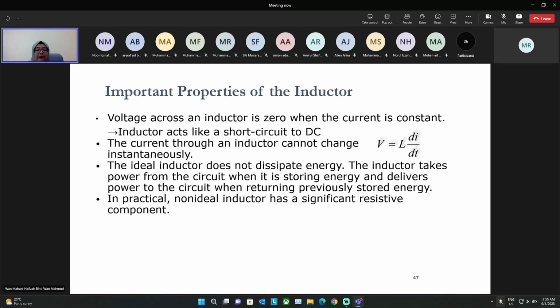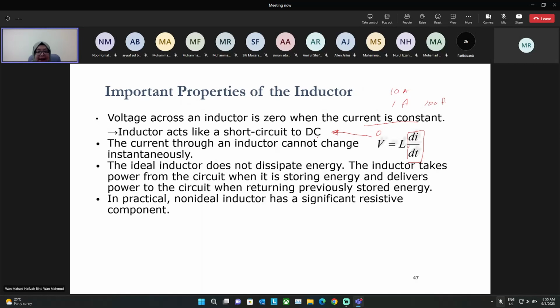Alright, important properties of the inductors. If the current is constant, say the current does not change with time, then these equations become invalid. The voltage across an inductor will be 0. In this case, it is DC. If the current does not change with time, it means you have a fixed current value: 10 amperes, 1 ampere, 100 amperes, for example. So when the current is fixed, constant, DC, V equals 0.